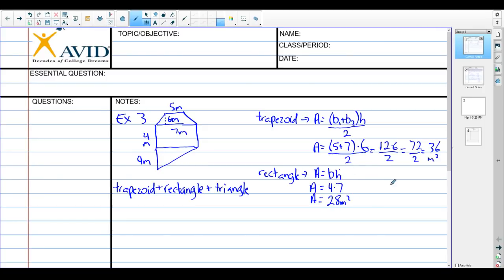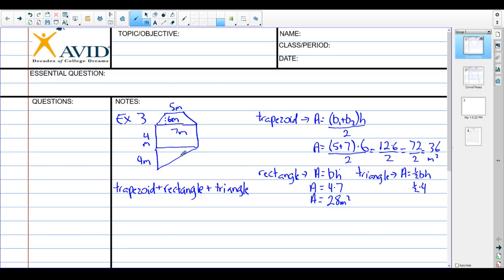And then we have our triangle. Hopefully we're getting good at it. Your 6th grade teachers can be proud of you. Half base times height. So our triangle is 4.